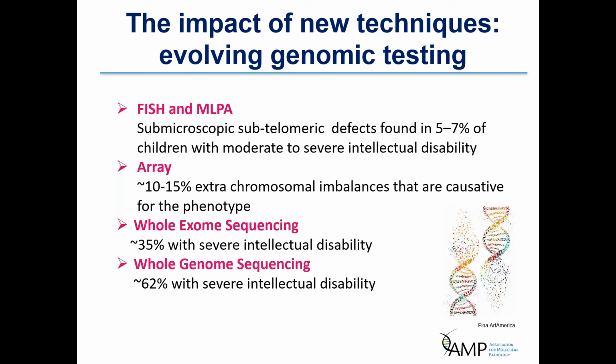And now we're in the world of whole exome sequencing, right through to whole genome sequencing, which is being used more and more in the clinical environment. You can see the increase and the real clinical drive and demand for different types of testing technologies.